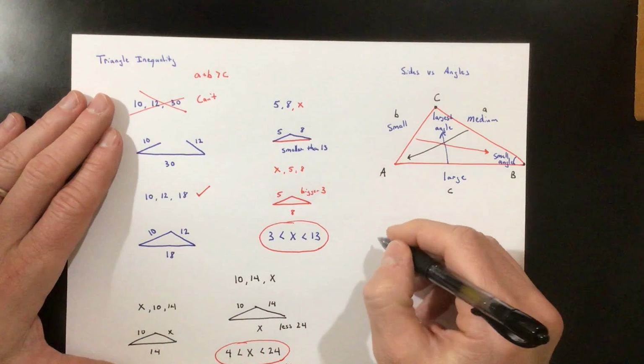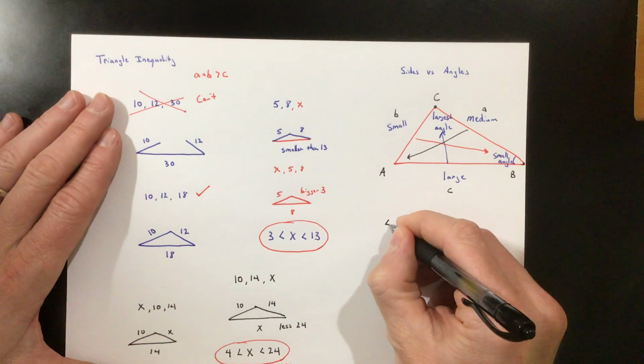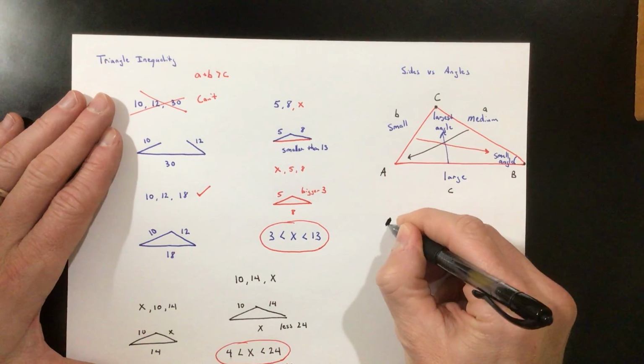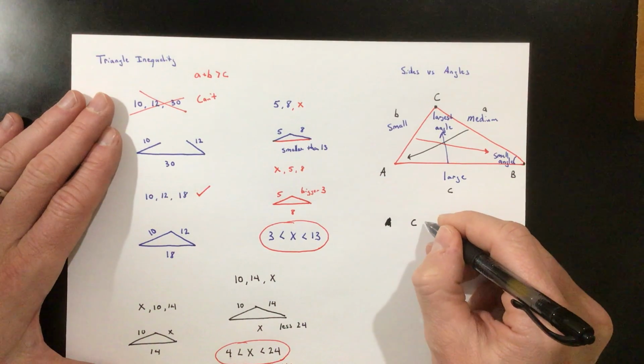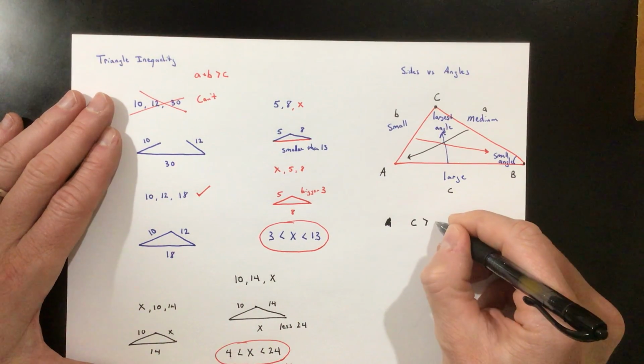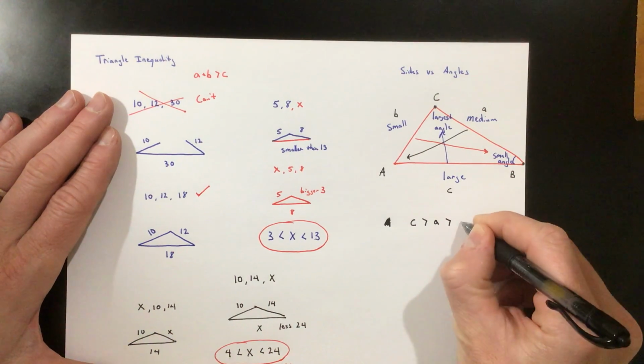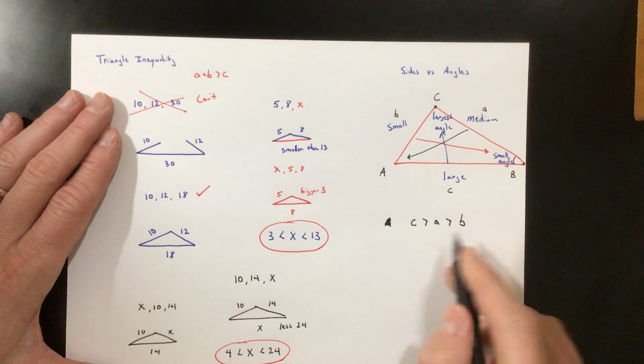Okay, and so what we might say is, if side length C is greater than A, and A is greater than B, right? This is me ordering the sides.